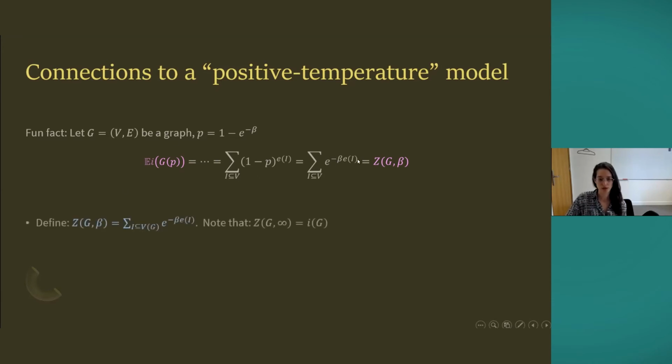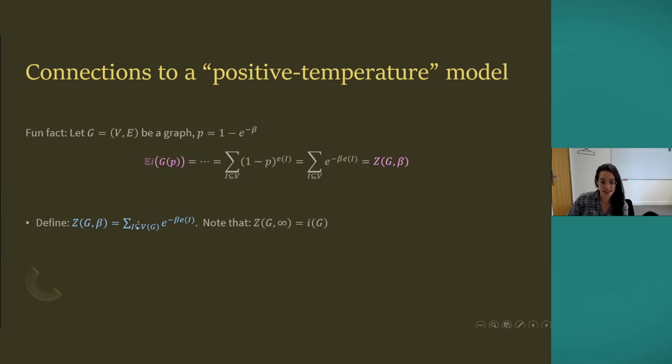So what did we get here? We have another definition. We have a sum, but this sum is a sum of weighted things. Here we have the sum over all subsets of the vertices, so we don't only count independent sets.